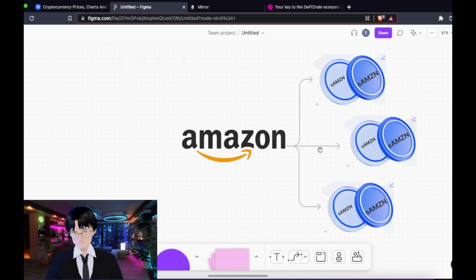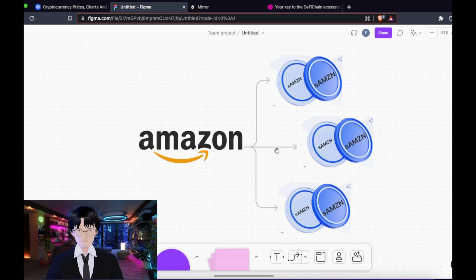Synthetics track the price of a real world asset by using a third party decentralized oracle such as Chainlink. Now, I don't want to go into depth about what an oracle is. I'll make another video on that if you guys really want me to. But essentially, an oracle is what allows you to get real world data onto the blockchain.